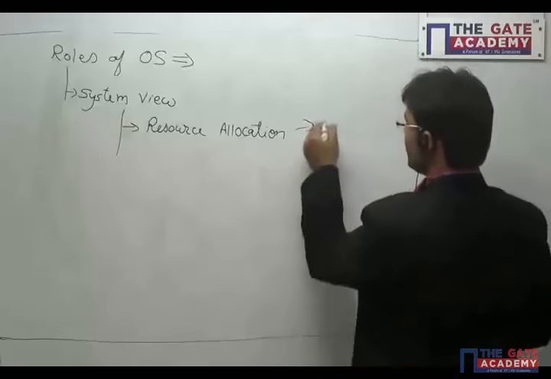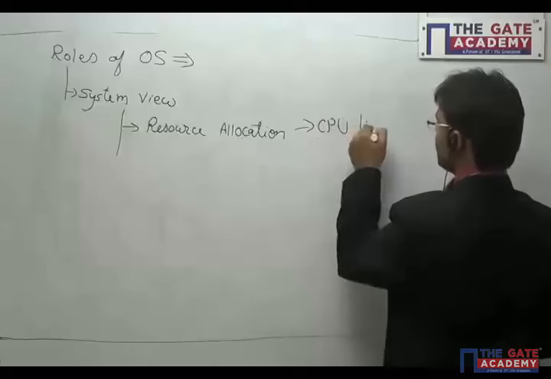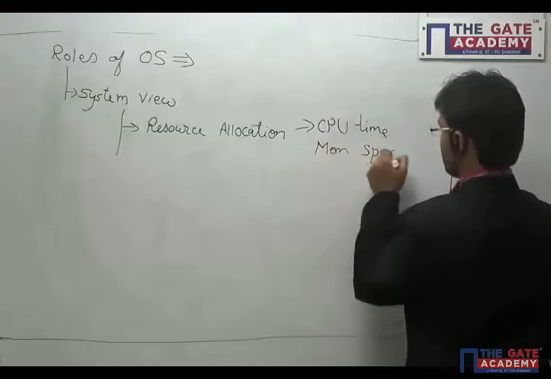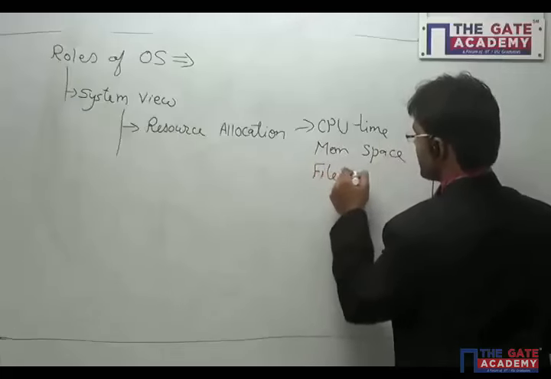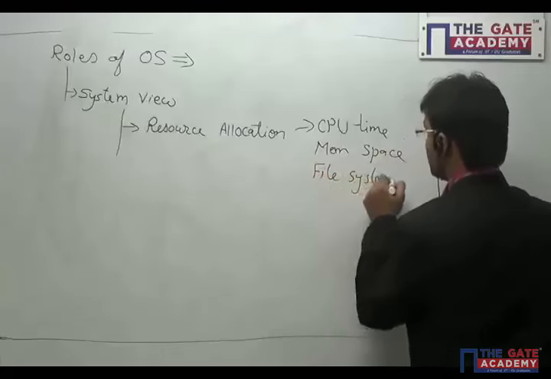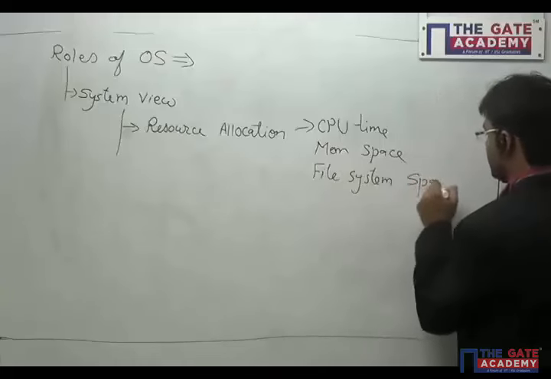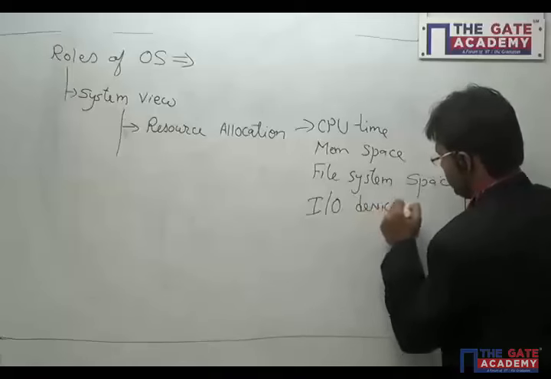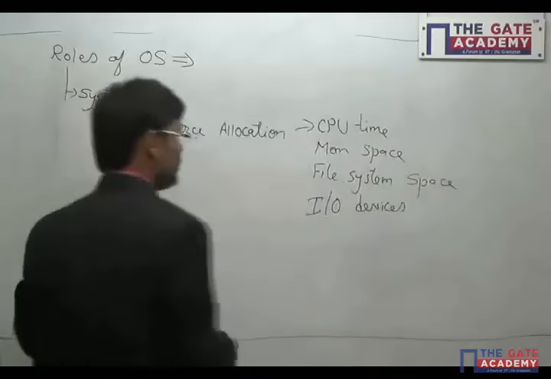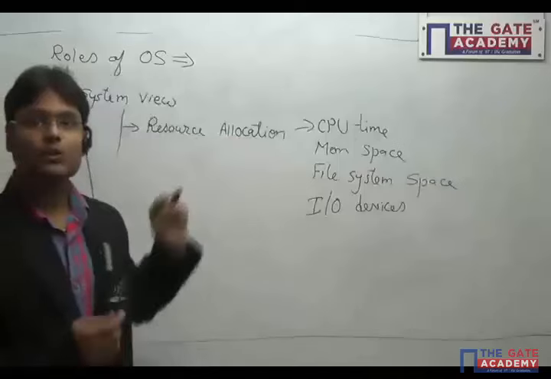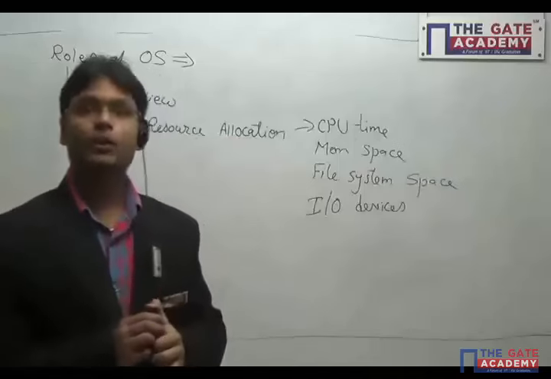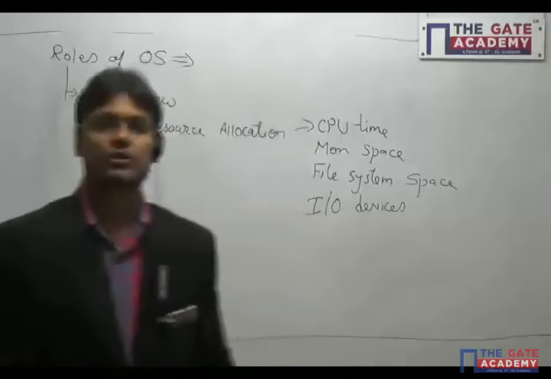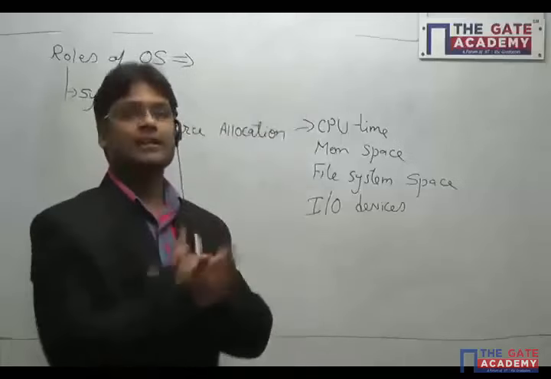Resources means, let's say, your CPU time, your memory space, your file system space, which means space on your hard disk, and IO devices. All these resources will be assigned by the operating system to particular processes or jobs, whatever application programs you are running on your system.